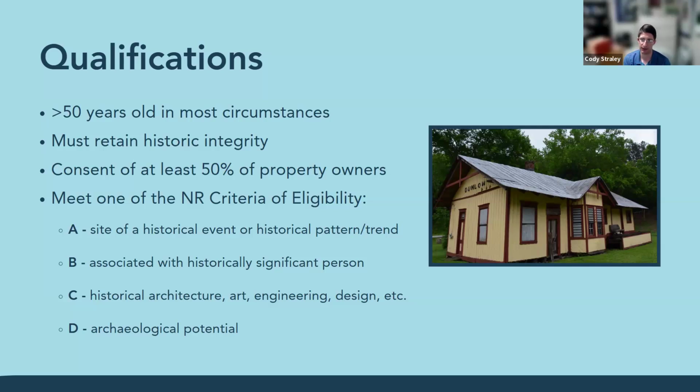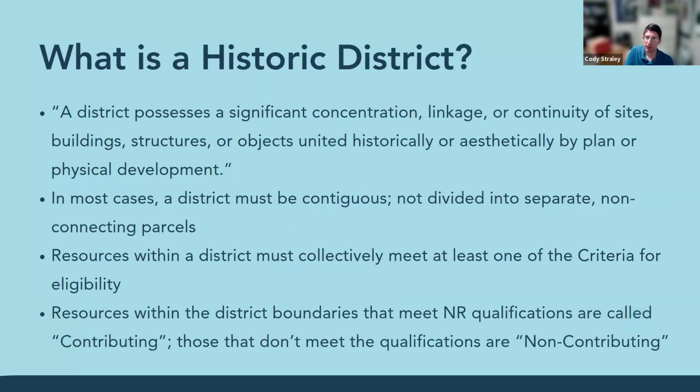Typically, it can be connected to a historical event, a historically important person, historic design characteristic, or have historic archaeological potential. We'll get more into that later, but it's not just enough for a property to be old. It has to have some kind of historic theme connected to it, beyond just being more than 50 years old.